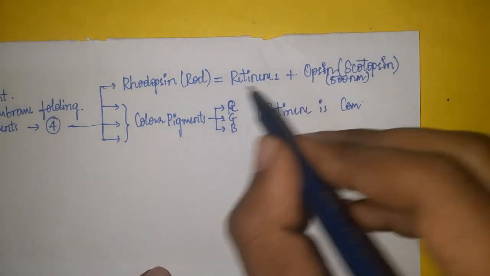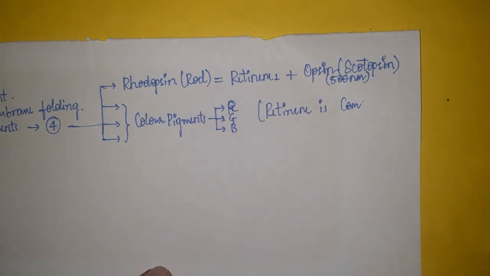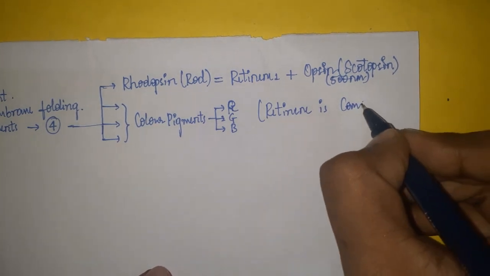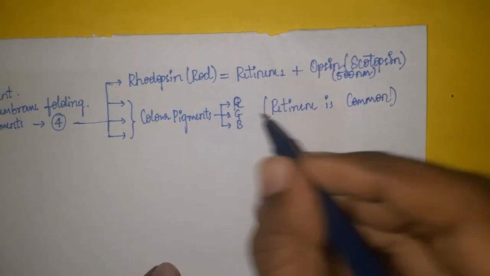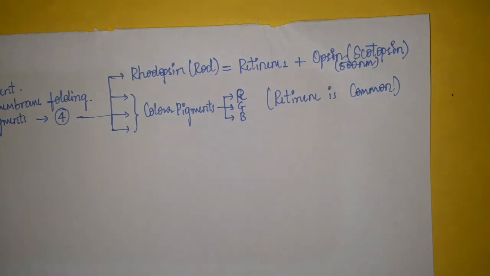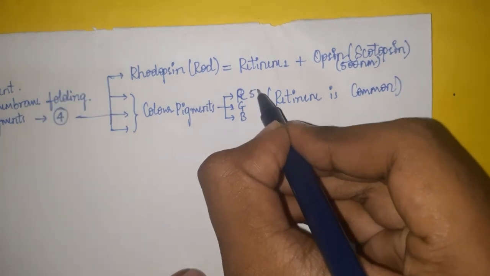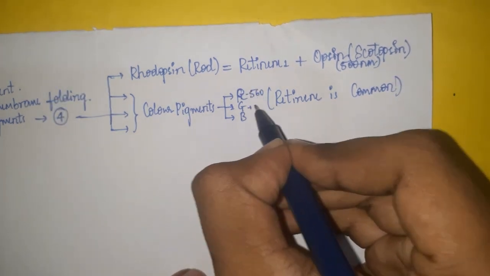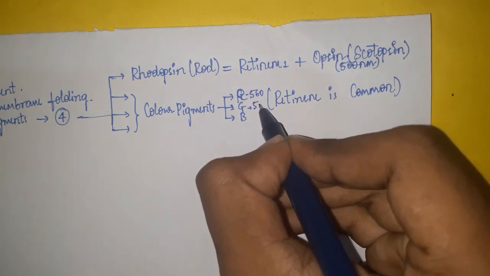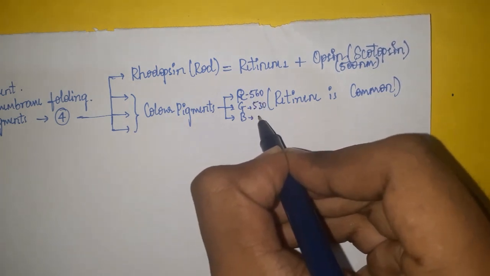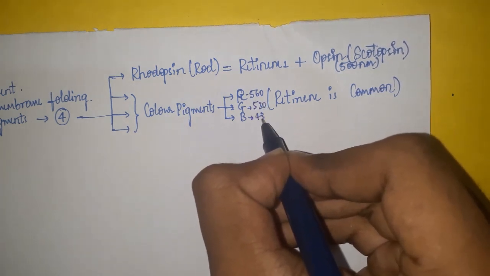What is the opsin in rhodopsin? That is scotopsin. Remember. And these red cones are sensitive towards light of wavelength 560 nanometer, the green is sensitive towards 530 nanometer, and the blue is 430.